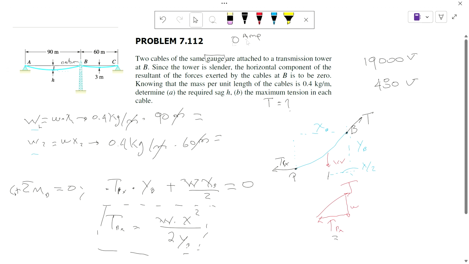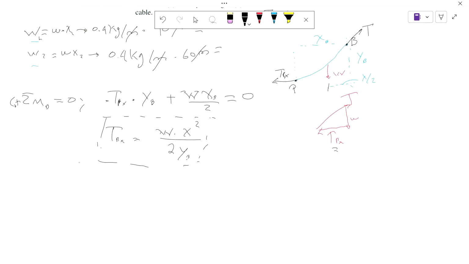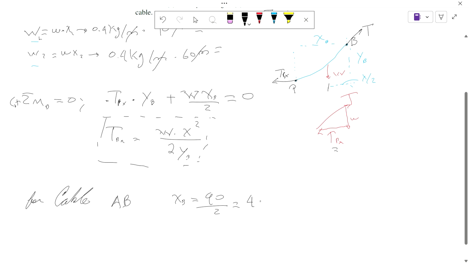Okay, so if we take the first case and we talk about cable AB, we have that XB is X, which is 90 divided by 2. It is equal to 45 meters.